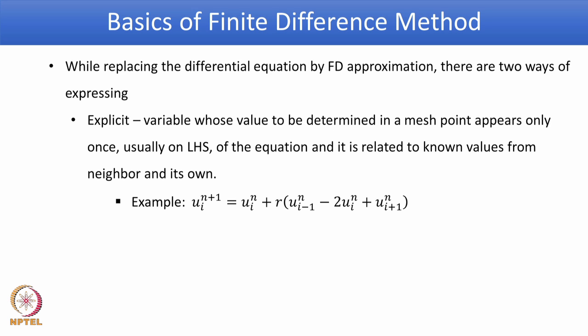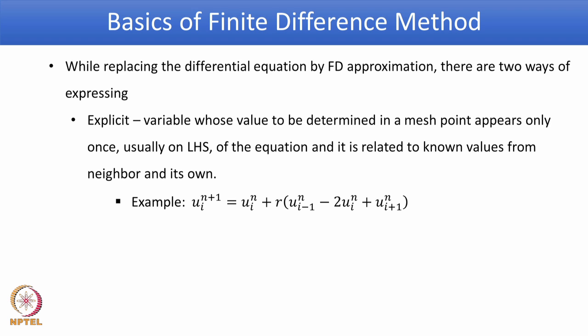So, a variable whose value is to be determined at each mesh point appears only once in the equation, depending on what scheme you are following. Usually it is on the left hand side in the first step, then it is moved to the right hand side in the subsequent simplification step, and the variable whose value is to be determined is always on the left hand side. All other quantities are moved to the right hand side.